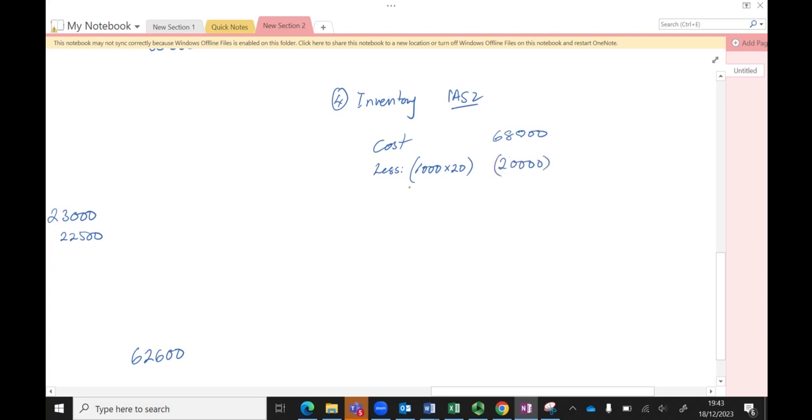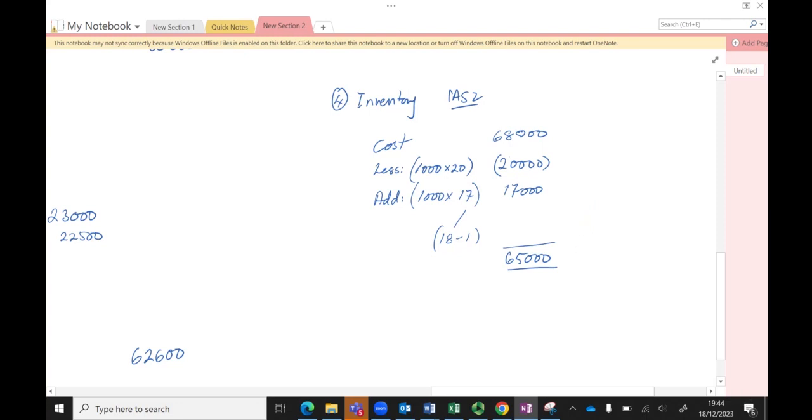So remove the value and add the lower value, which is 1000 into 17. And that 17 is, as I explained earlier, 18 minus 1, and that is £17,000. And that will give me £65,000. So £65,000 is the value of the inventory. So you can see from 68 it has gone down to 65.